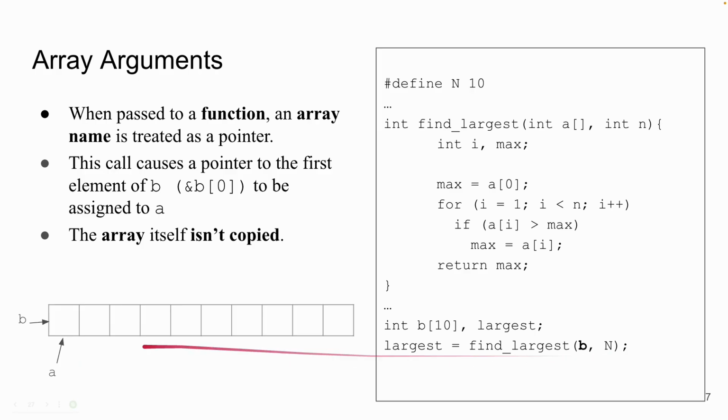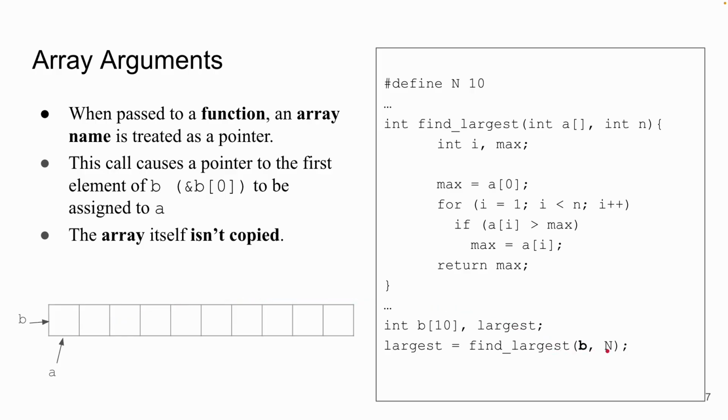So what happens here is that we pass B to the find largest function, and we copy the value stored inside B, that is the address of B0, and assign it to A. So we make the name of the array A also point to where B points to. So A now also points to B0.